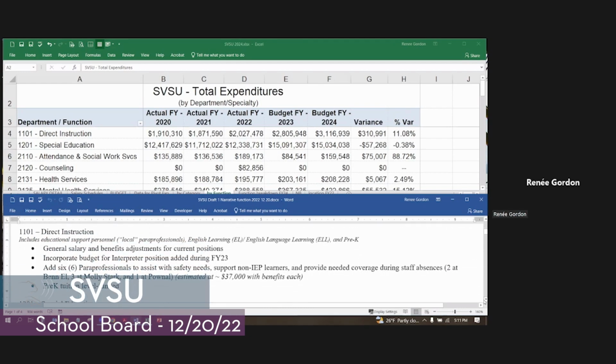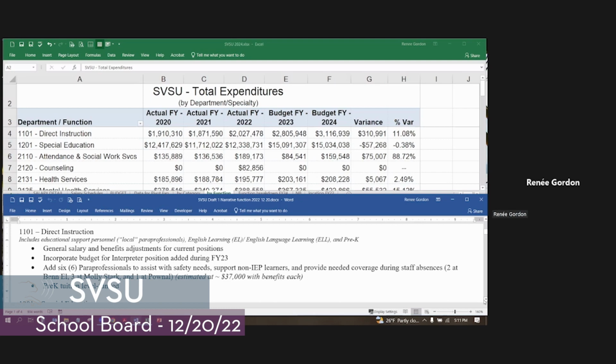But then we get into direct instruction. 1101 is the function code. This includes the local paraprofessionals, the ones that get directly assessed to the elementary schools. And then there's still one at the middle school and one at the high school, I believe, Mount Anthony.